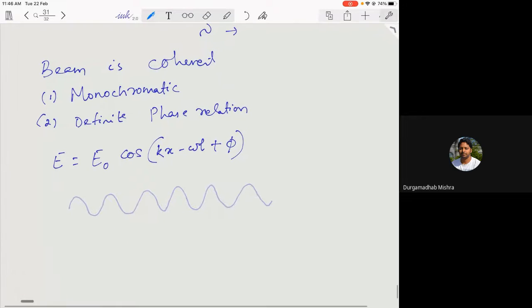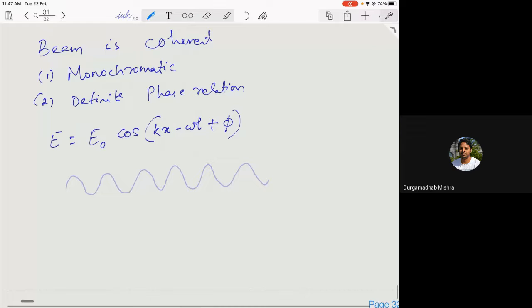Okay, so what does it mean? It means that for any time, or at any point in space, so for any value of x, this pattern follows a cosine function.